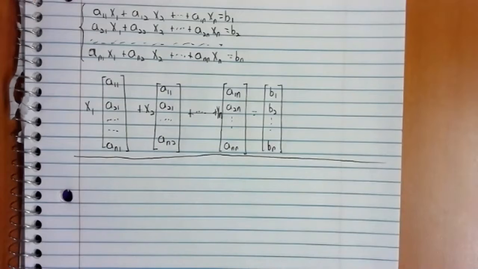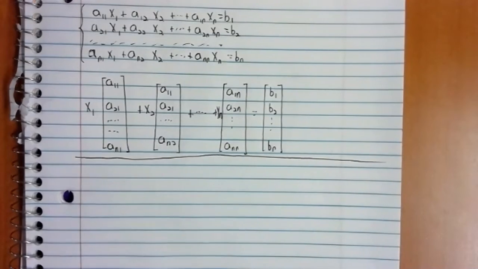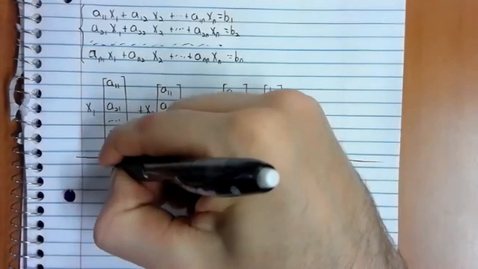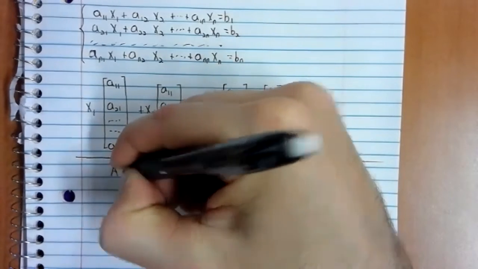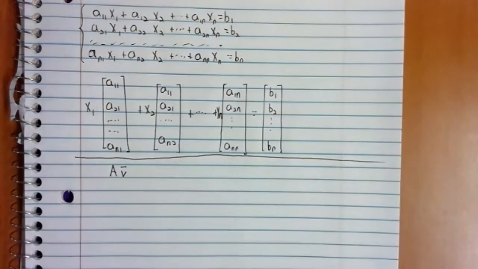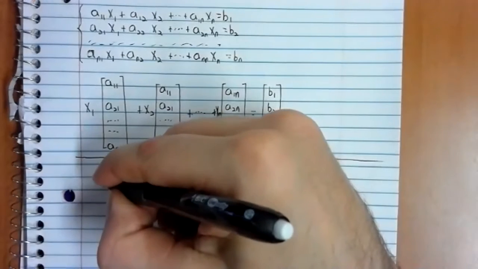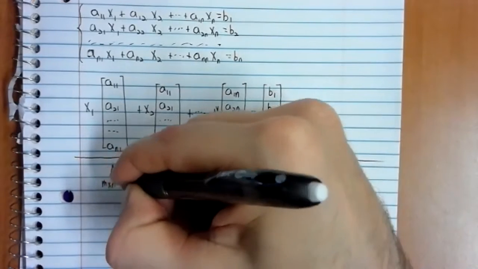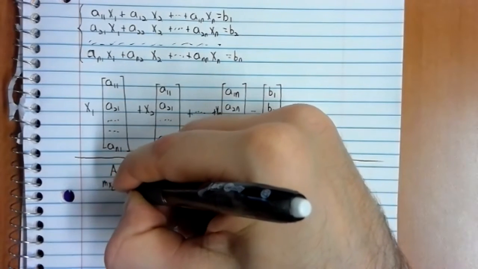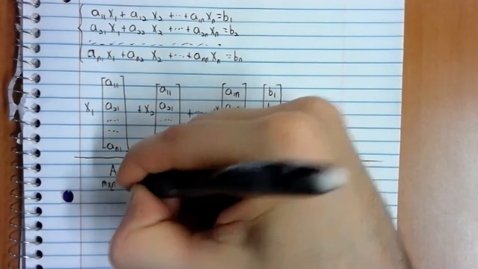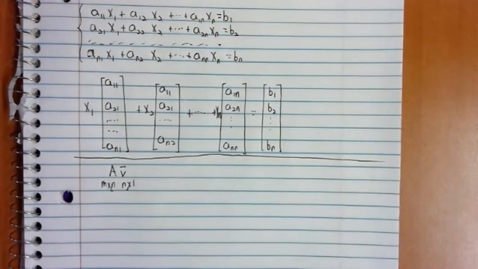We can multiply a matrix A by a vector V as long as the dimensions match. To match, these inner dimensions have to be equal.